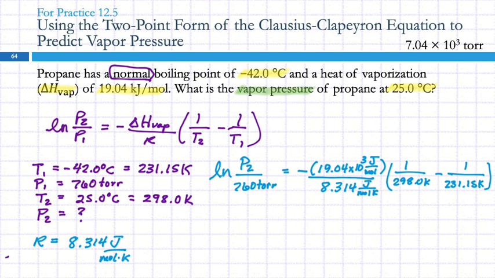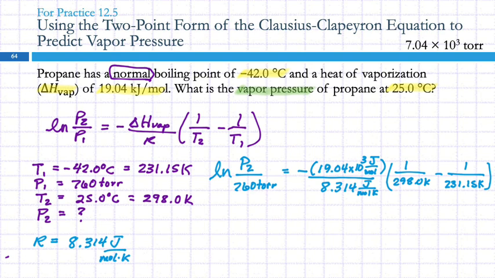This is the kind of equation that if you have a TI-36X Pro with a number solver on it, you can just type the whole thing in like this and put in X for P, and it'll solve it for you. But most people don't have one of those. So I'm going to find the value of all of this first. So I've got negative 19.04 times 10 to the third divided by 8.314 times, and I'm going to use parentheses, 1 divided by 298 minus 1 divided by 231.15, close the parentheses and press equals.